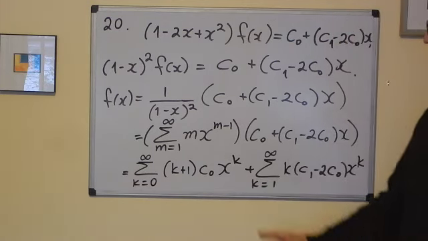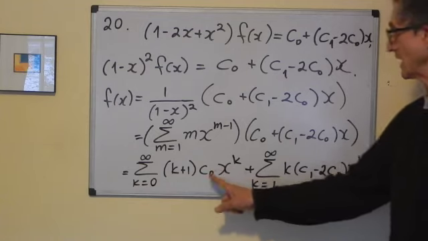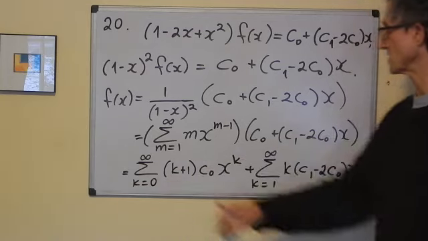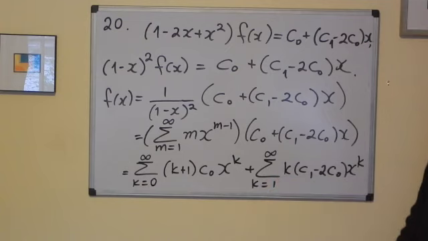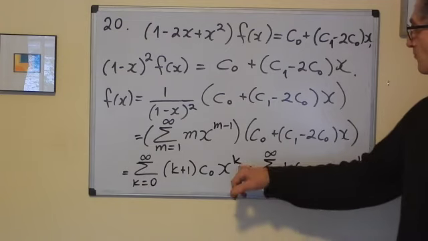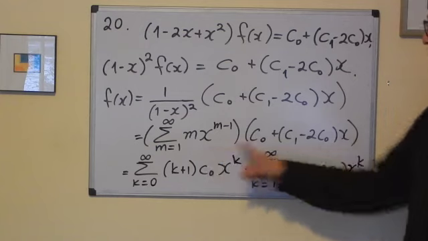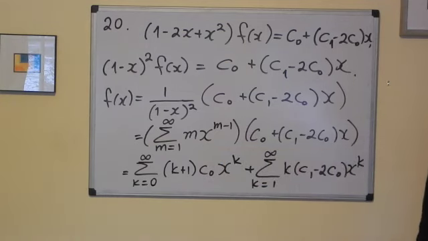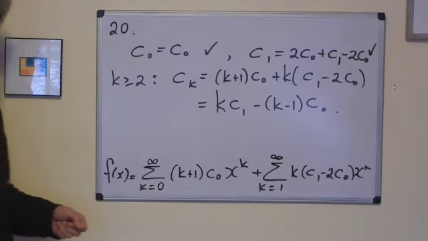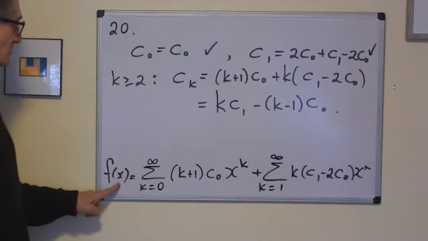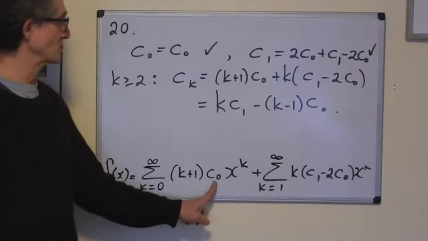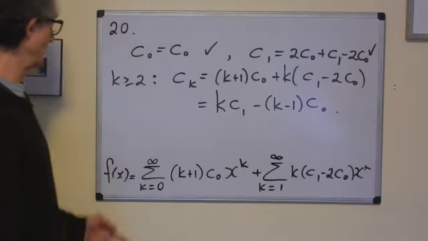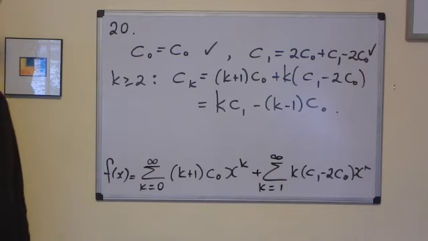Let's see what that means when we collect the powers together, right? We have here k starts at 0, here k starts at 1, but for k 1 or larger, we'll have terms from both of these sums. So let's collect them all together. We found that f of x, in terms of the coefficients c0 and c1 that we started out with, was this power series.